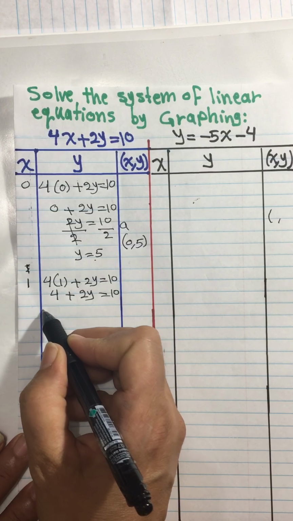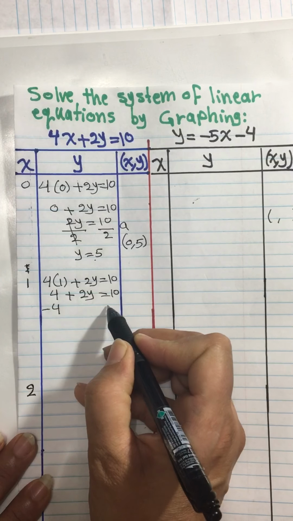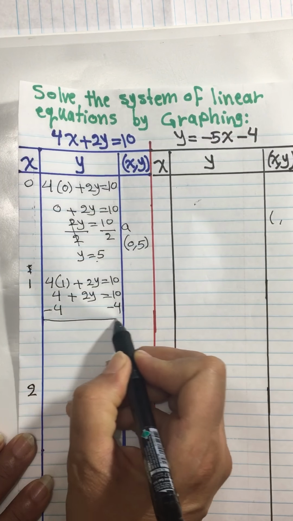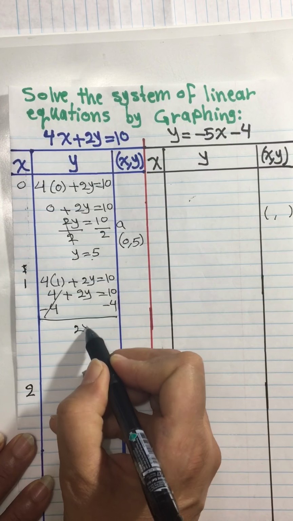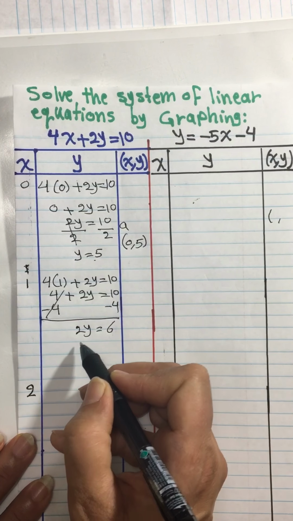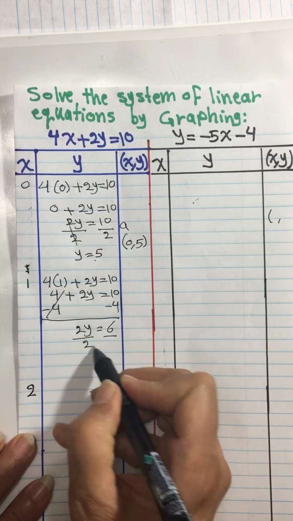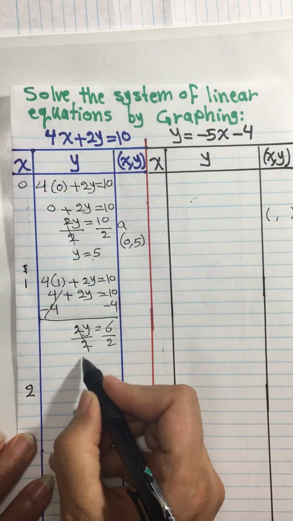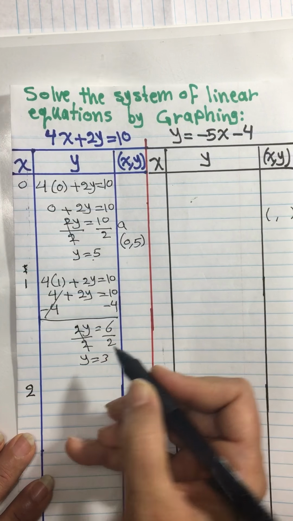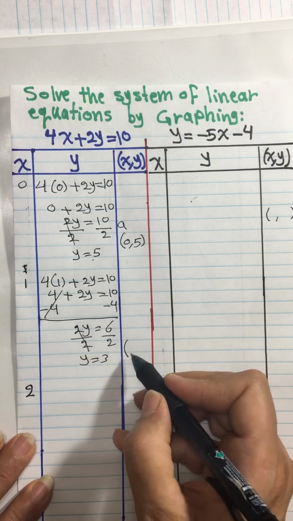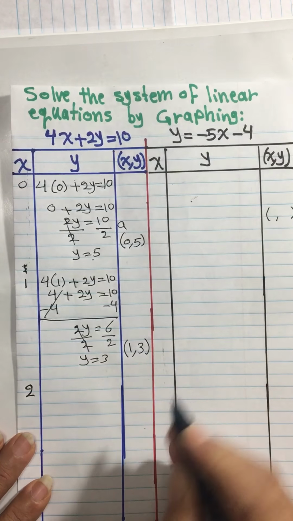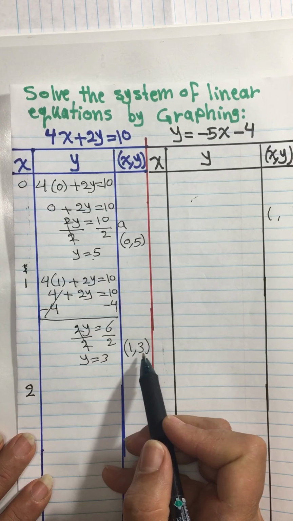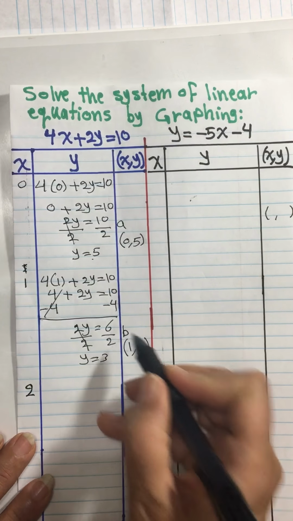I'm going to get rid of 4, so add negative 4 to both sides. Cancel out, 2y equals 6. Divide both sides by 2, y equals 3. So the first number is 1, the second number is 3, which makes the ordered pair (1, 3), and I'm going to name it B.